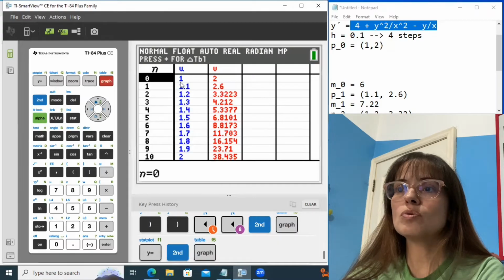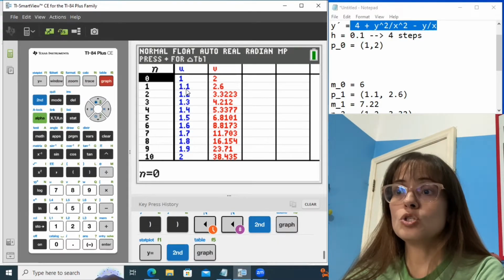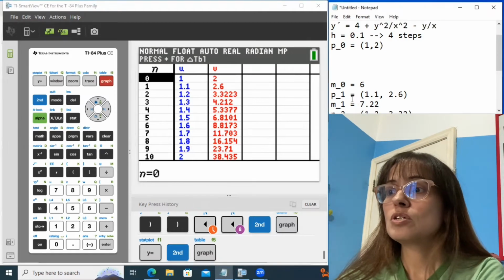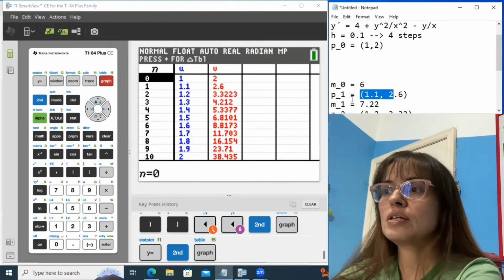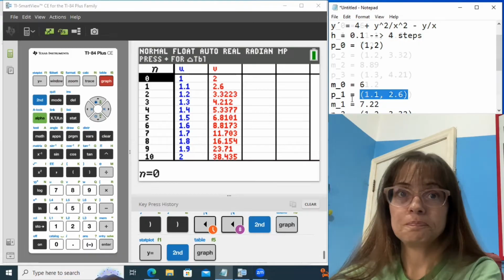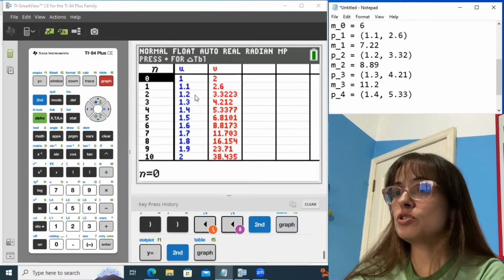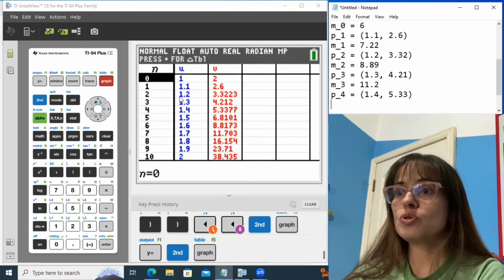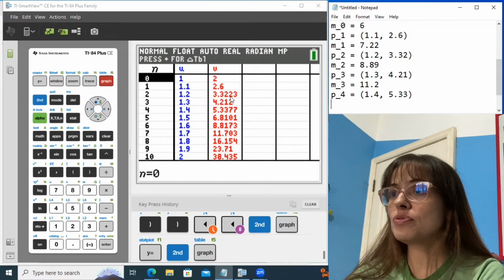The point 0 is the point 1, 2, where we started. The point 1 is 1.1, 2.6, which is the same value that we had before. And comparing the next points, you see that it is correct as well. So you have 1.2 and 3.32.